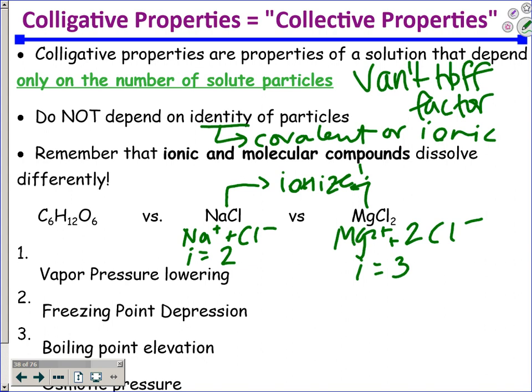So this is going to make a more significant impact on the solvent's properties than an i of 2, because the greater number of particles usually makes a bigger change, which we're going to decide is the change high or low. So are we doing freezing point depression or boiling point elevation or vapor pressure lowering? Whatever the system is, we have to go based on the characteristic we're describing. How does glucose interact with water?